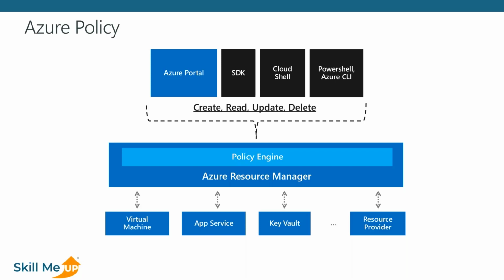So before this is sent to the specific resource provider, we go through this authentication layer and the policy layer in the Azure Resource Manager. So we filter through the possible checks. Is there anything that is in effect in this scope that prevents you from taking this specific Azure Resource Manager action?